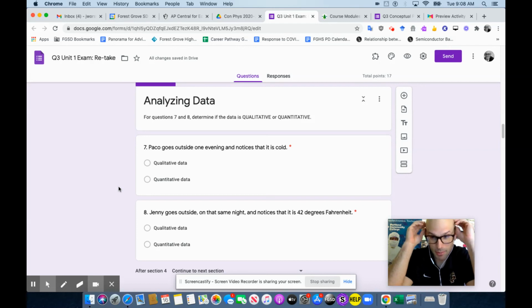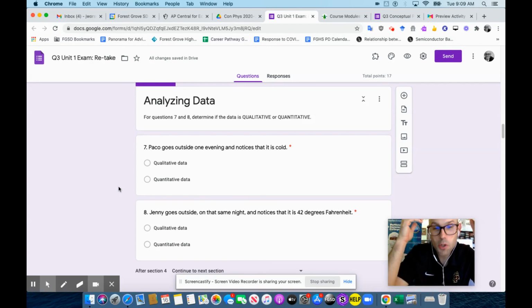I'll just say this: qualitative data talks about qualities that aren't quantified using numbers. In contrast, quantitative data talks about quantities that do have numbers on them, like you can put a number to it. So qualitative data talks about qualities. Quantitative data talks about quantities. I'm not going to get too deep in the weeds on that one.